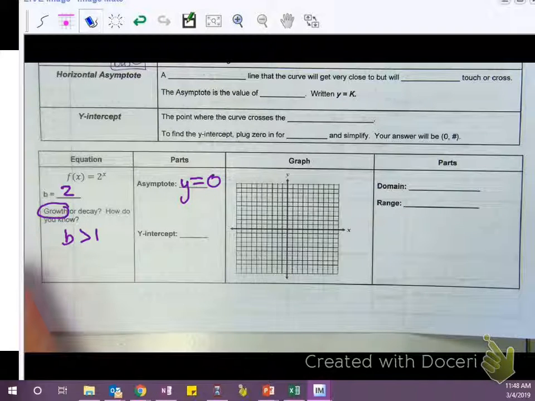All right, the y-intercept, until you move an exponential function up or down or left or right, the y-intercept will always be 0, 1. There are 2 critical values in exponential functions.